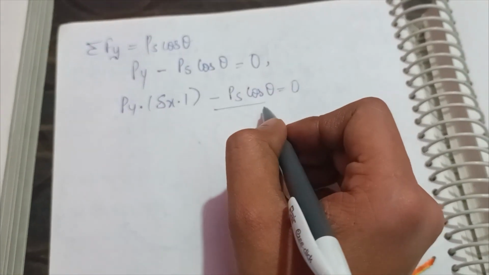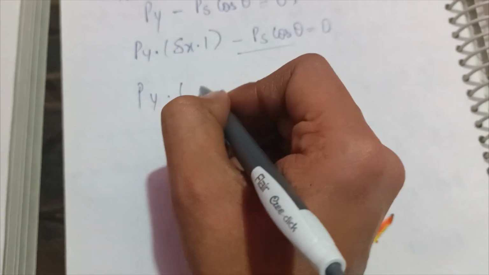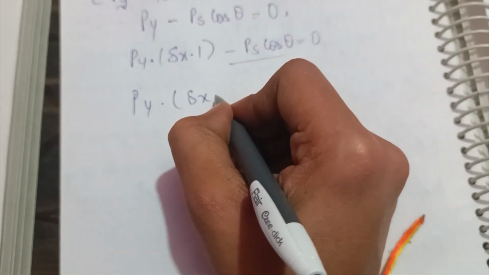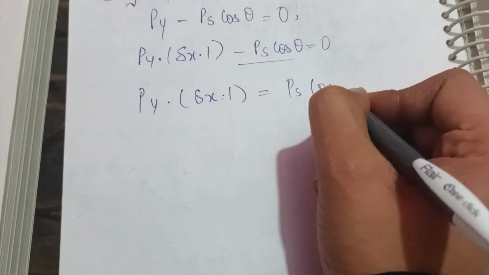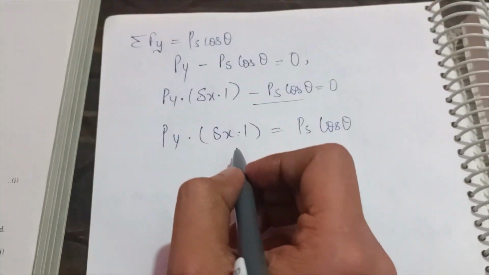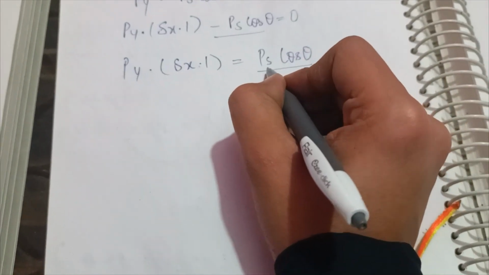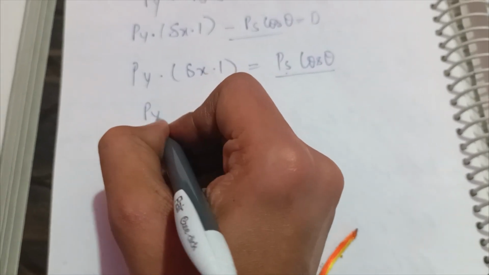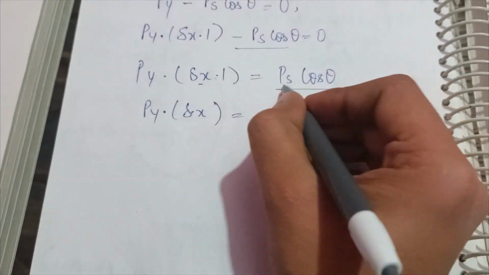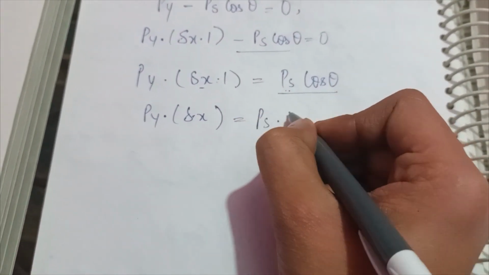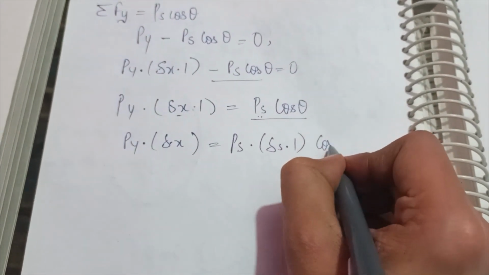Now take minus Ps cos theta to the other side to simplify further. Py delta x into 1 equals Ps cos theta. We know the value of Ps, so Py delta x equals Ps times delta s into 1 and cos theta.